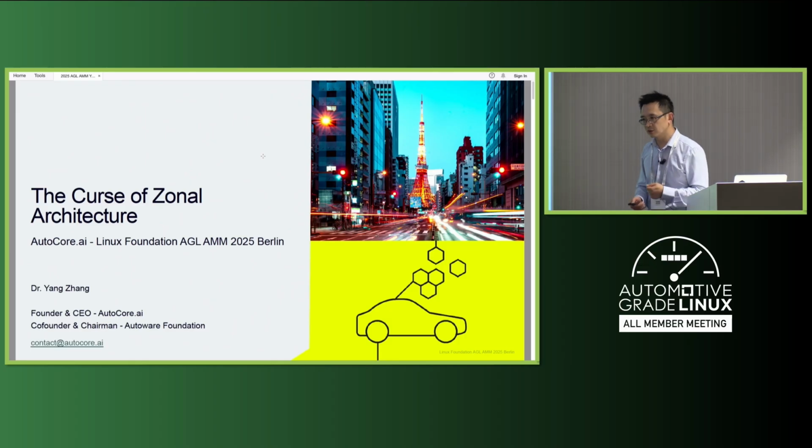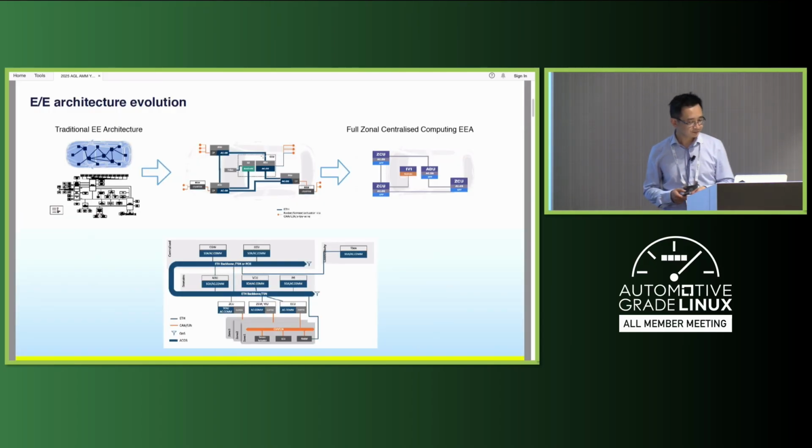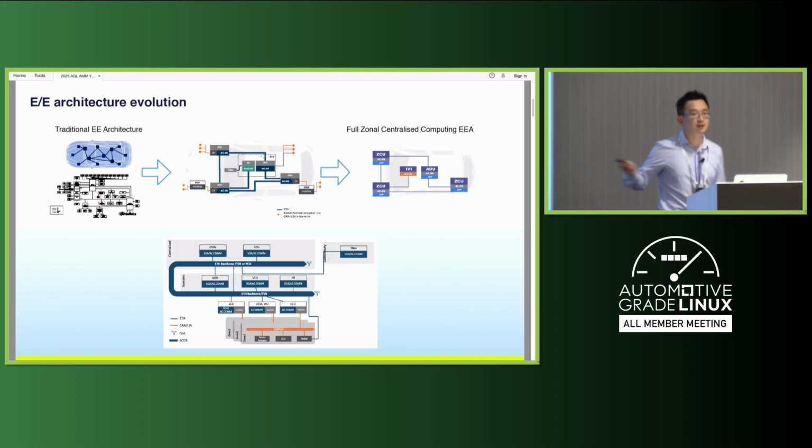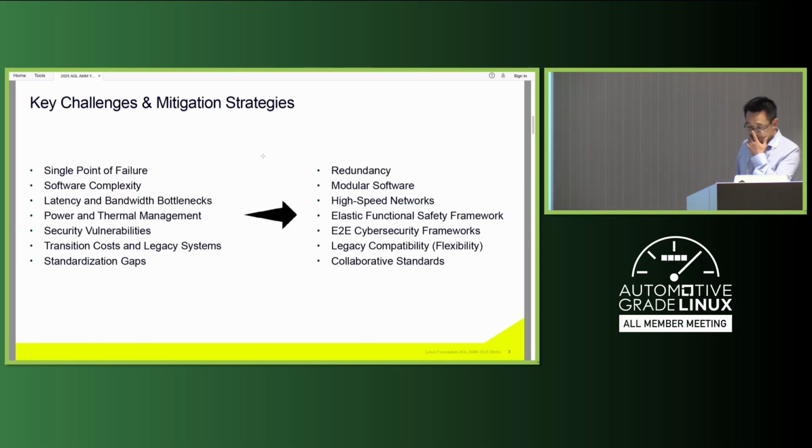We also know these are being faced by many OEMs, including Volkswagen, where software issues are causing delays of the launch in the face of trying to simplify the E/E architecture. It does come with benefits, otherwise we wouldn't do it, right? The reduction of the BOM cost, the reduction of the wiring, and an increase of the power efficiency because there are fewer wires and ECUs in the system.